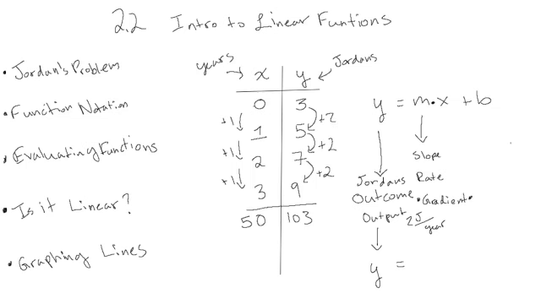So I could put it down here as just 2. That's my rate. My rate is 2 Jordans for every 1 year. My y value goes up by 2 for every 1 year.